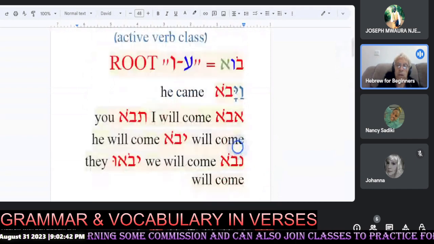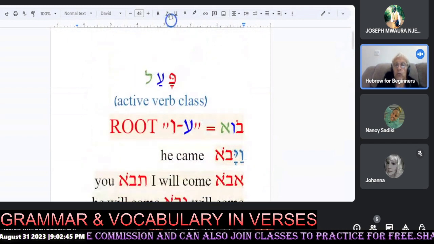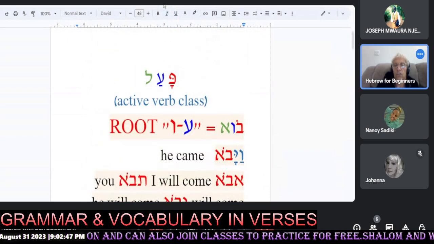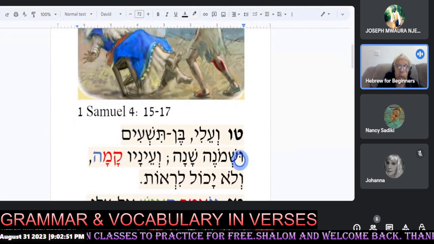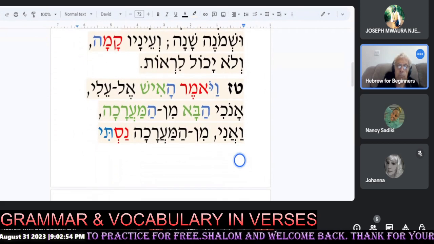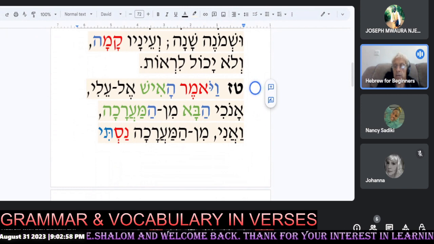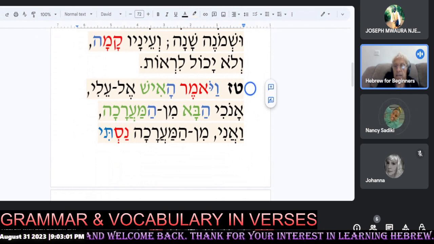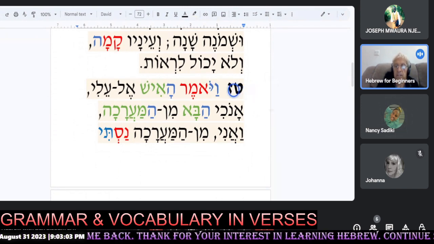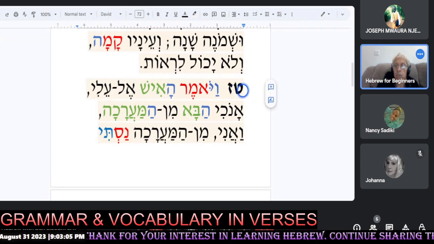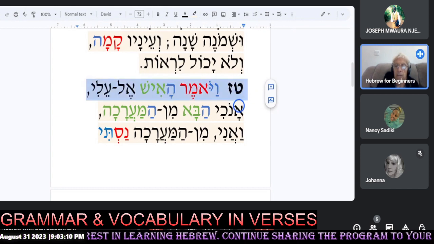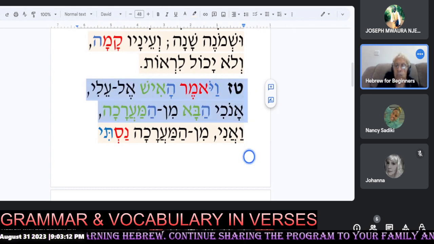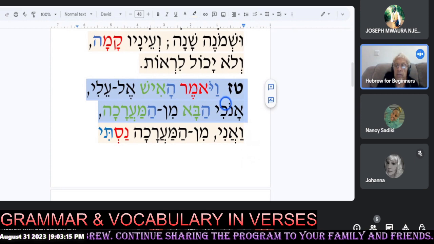So, having presented some grammar topics, we move to the verse itself, and we read with open eyes, you could say. We're going to take a look at verse 16, and we're going to see not only the ayin vav roots, but we will do one ayin vav root at the end.